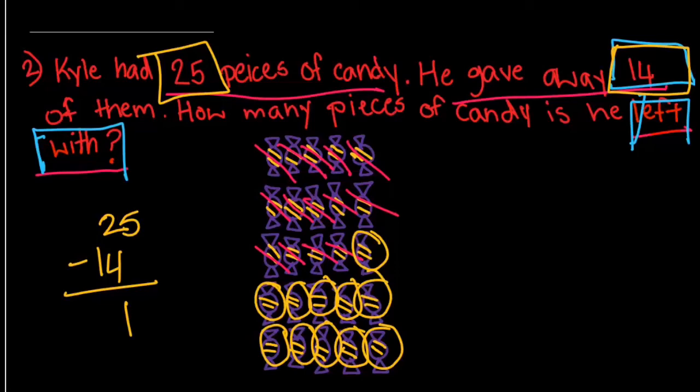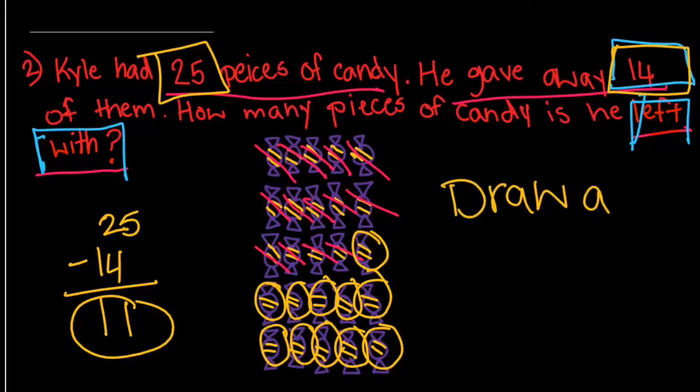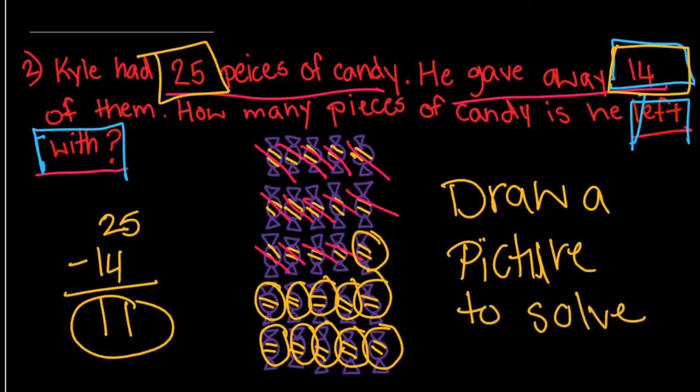5 minus 4 is 1. 2 minus 1 is 1. So it's the same thing. We have 11 here, and here as well we have 11 pieces of candy. We would have gotten the exact same answer, but we drew this picture because this lesson is based on the fact that we have to draw a picture to solve the problem.